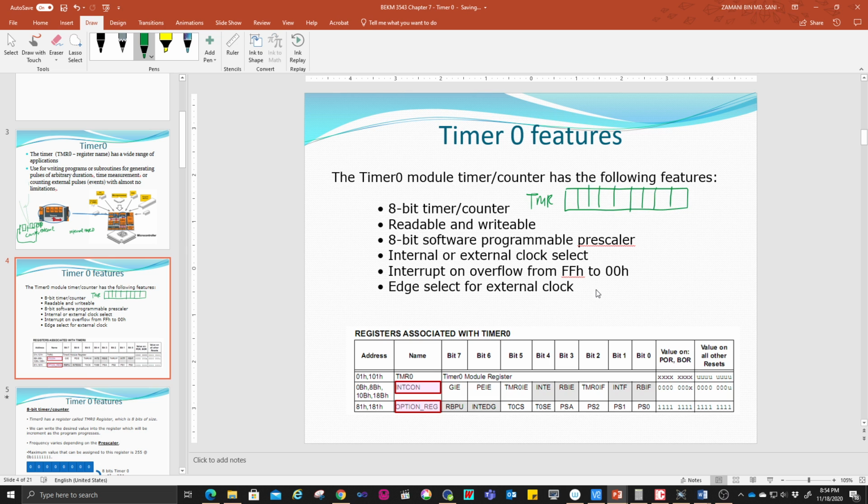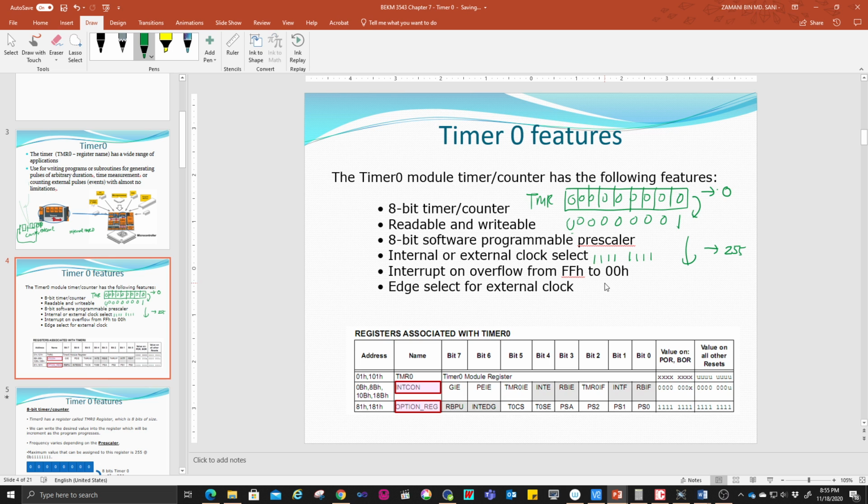It can start from 0000 0000, and it can start to count maybe from 1000 0000. These are binary numbers. And the final number must be 1111 1111. That is the final number. So it can count from 0 to 255.